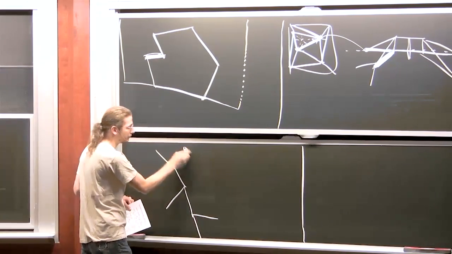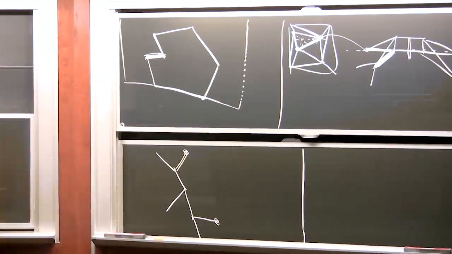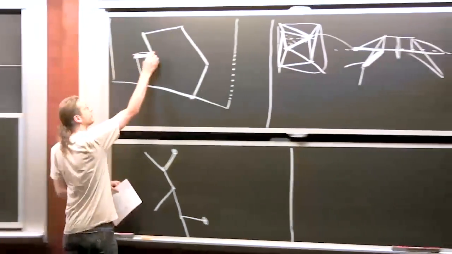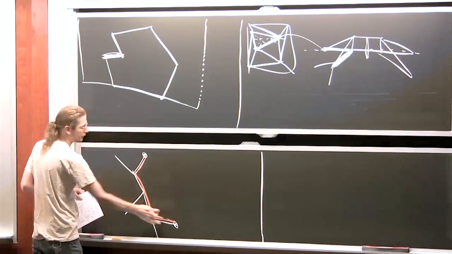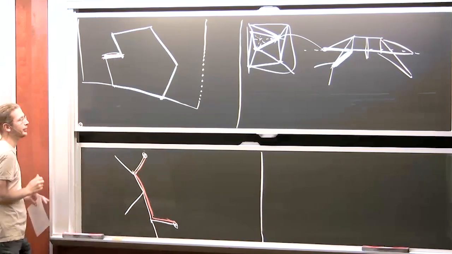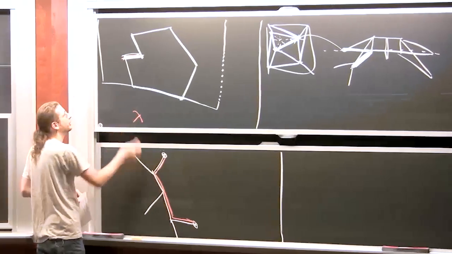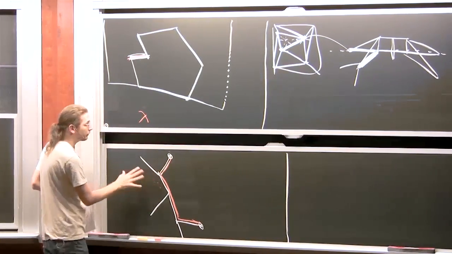So maybe it's from this leaf to this leaf. So this guy corresponds to this path. Okay, and the sum of those lengths should be equal to that length. It isn't, obviously, but there's a scale factor in between here, lambda.